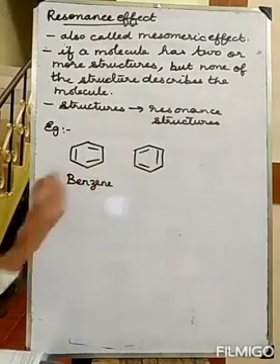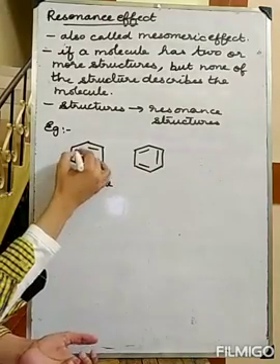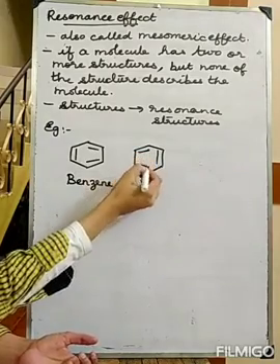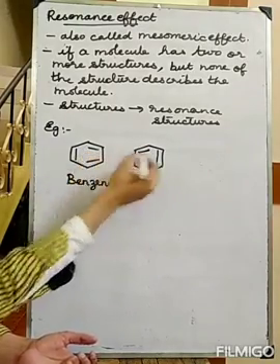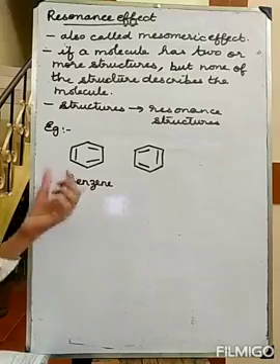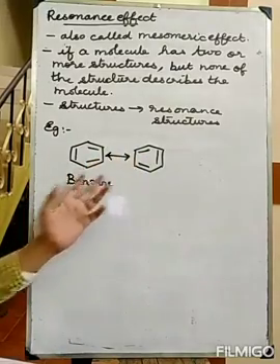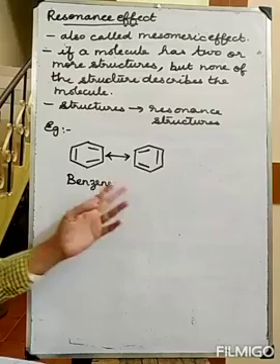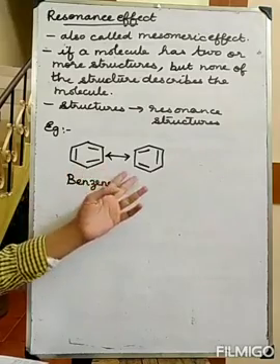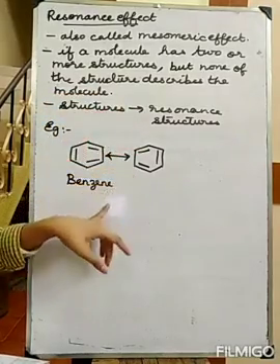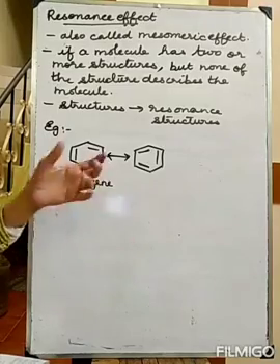So what is the difference? Bonds. First the double bond was here, but here I am not drawing double bond. Here and here I am drawing double bond, and this side I am drawing one double bond. So it is the same molecule but it is having two different structures. So these two are called as resonance structures.